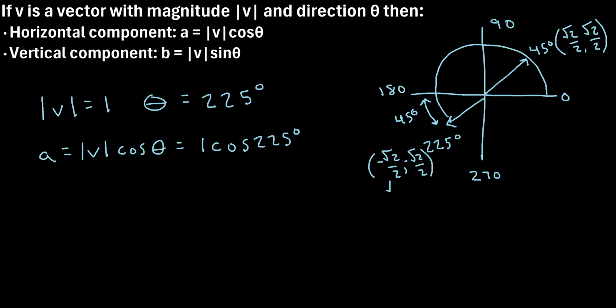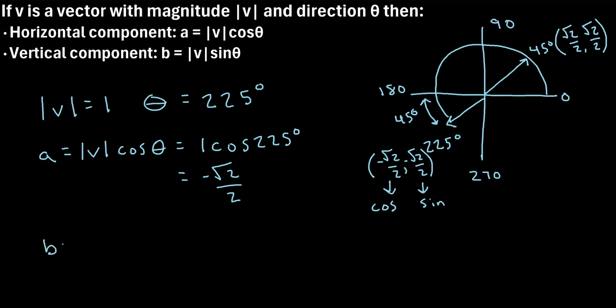And remember, the x coordinate corresponds to cosine, while the y coordinate corresponds to sine. So the cosine of 225 degrees is negative root 2 over 2. So our final answer here for the horizontal component is just 1 times negative root 2 over 2. So that's our horizontal component.